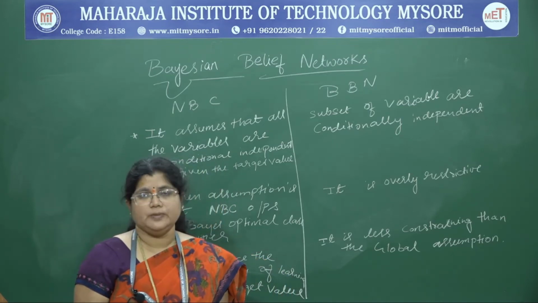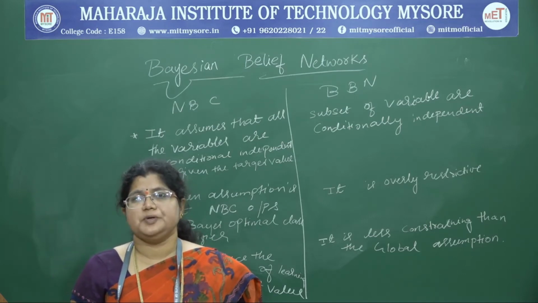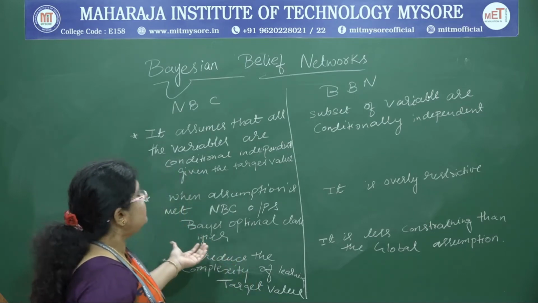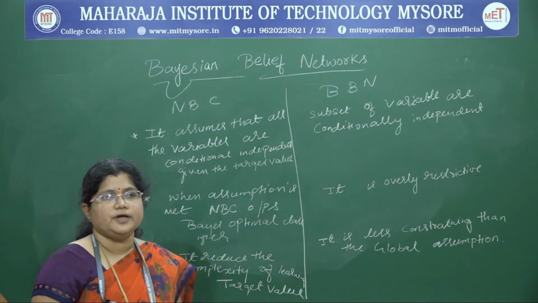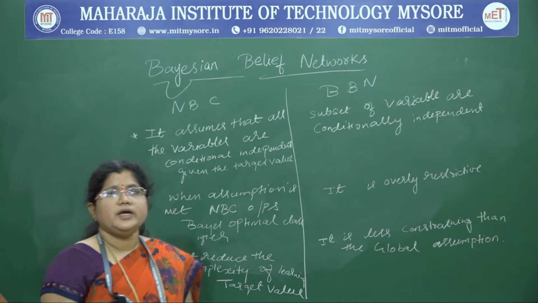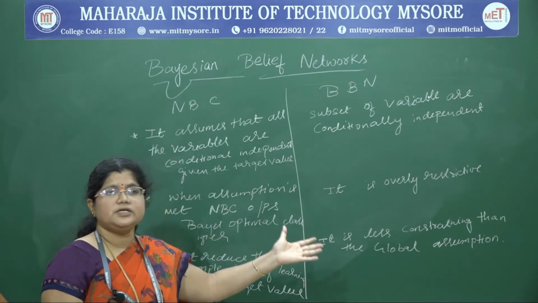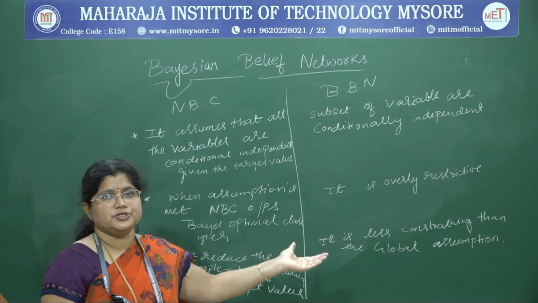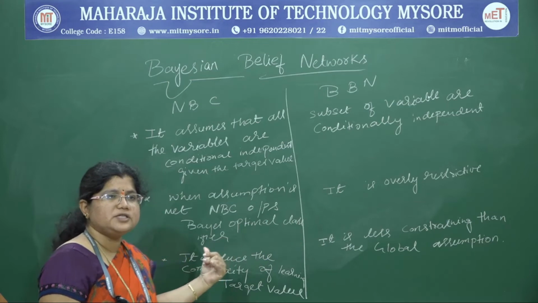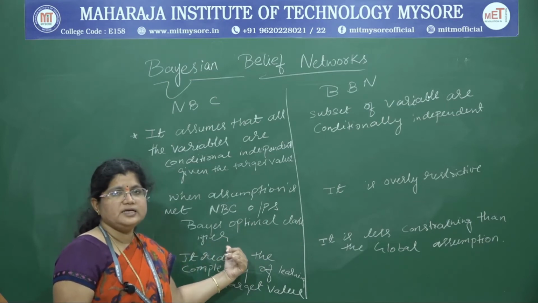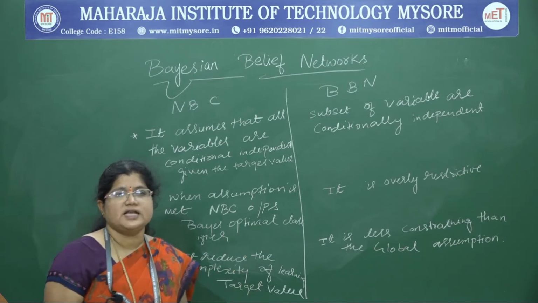Before moving to the BBN, the Bayesian belief network, let us understand the difference between the Naive-Bayes classifier and the Bayesian belief network. The Bayesian belief network has its own restriction, which is not found in the Naive-Bayes classifier.